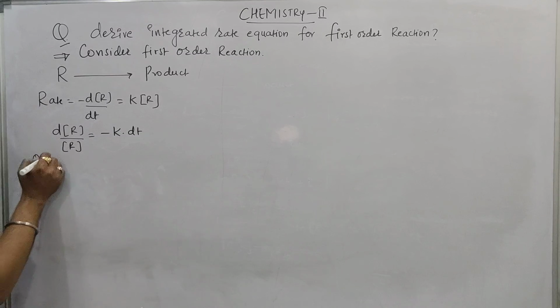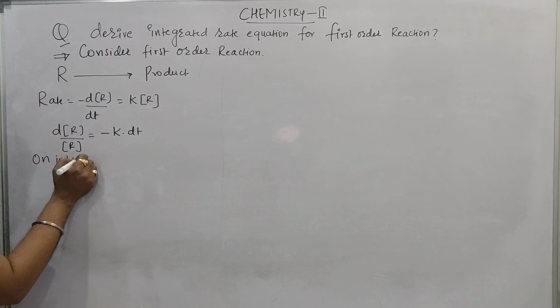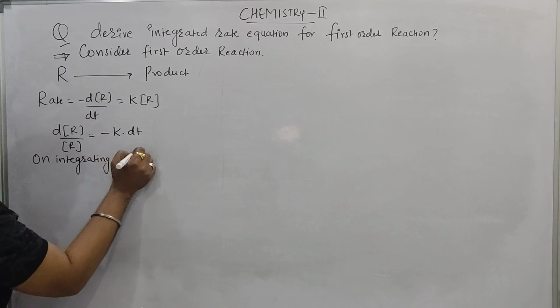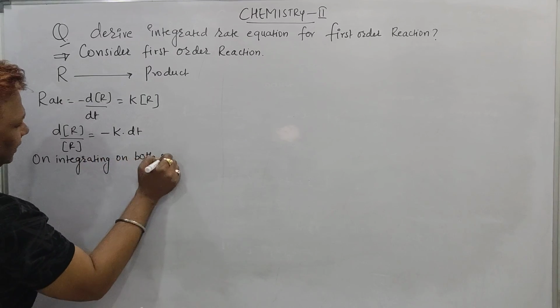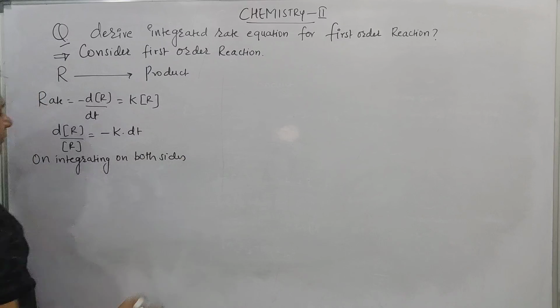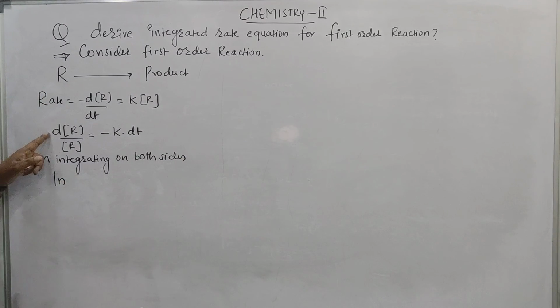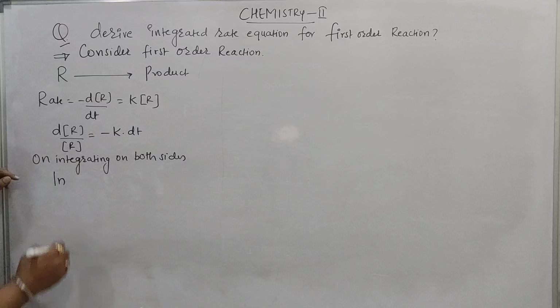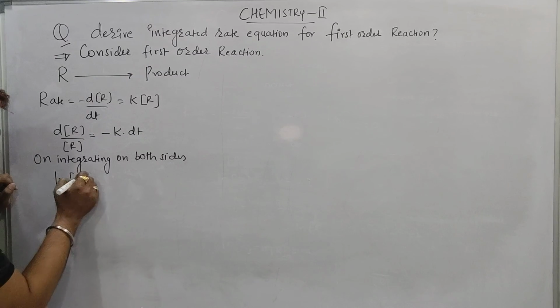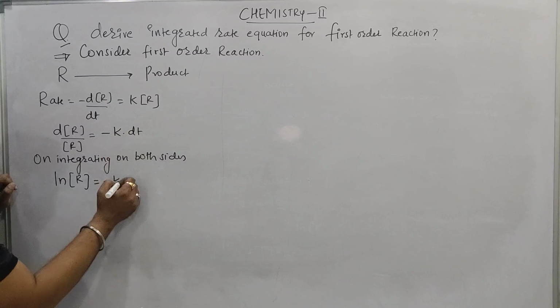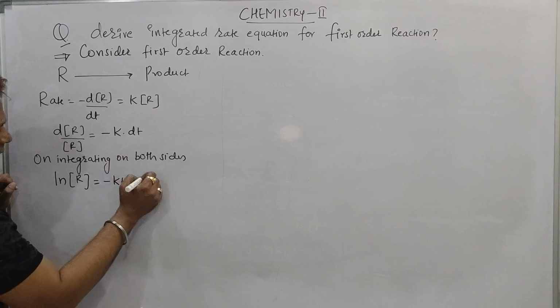Then on integrating on both sides, what will we get? Natural log to the base e of concentration of R equal to minus K into t plus I, since K is a constant that comes out.